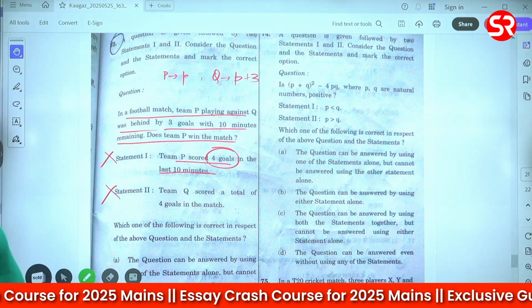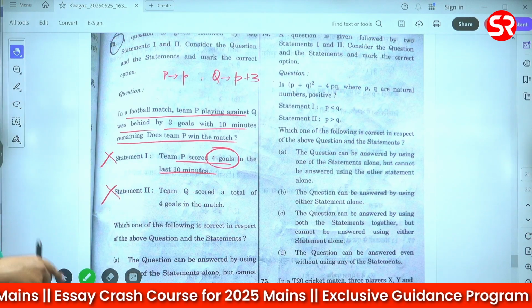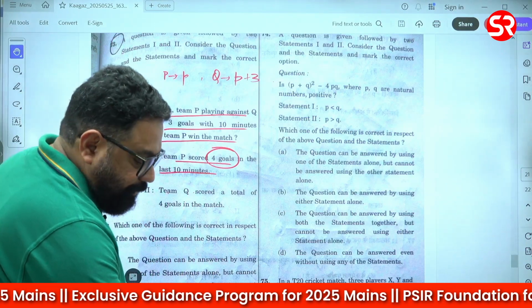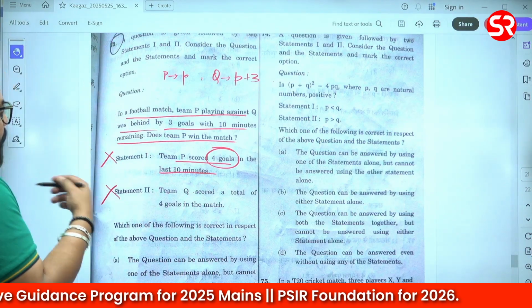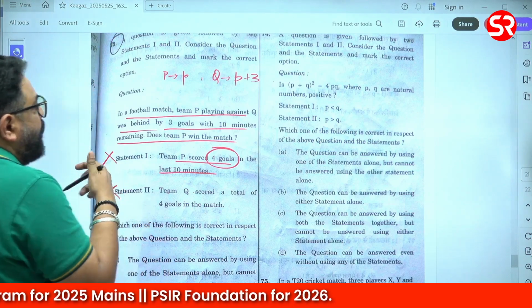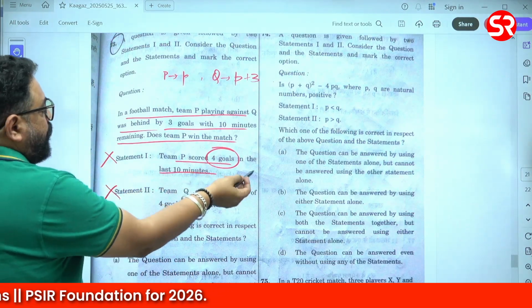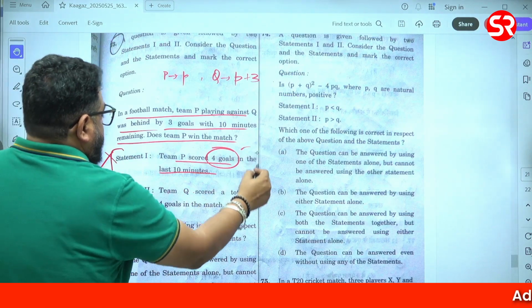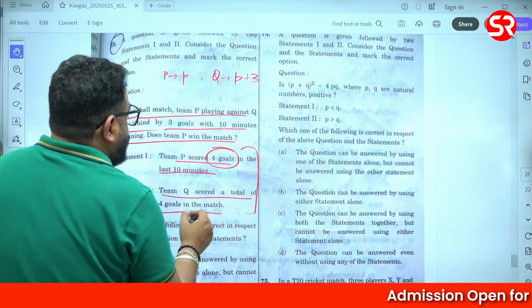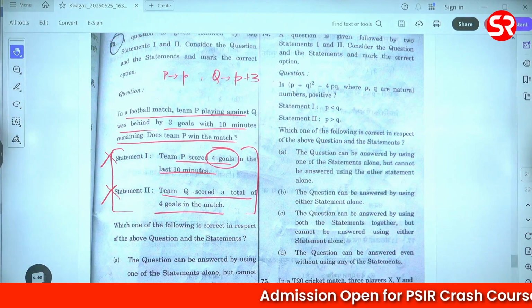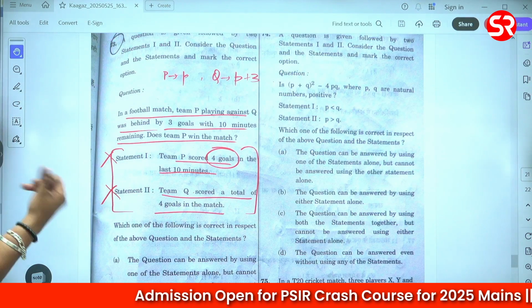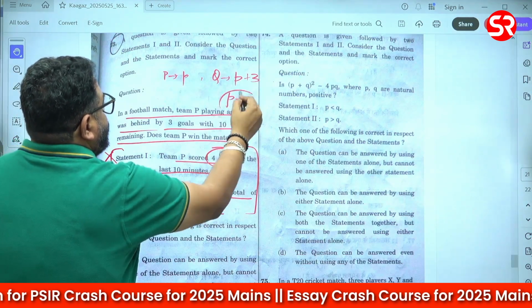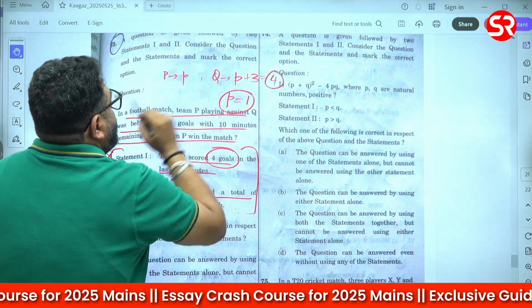Second statement is not the way we do our data sufficiency problems, right? Then if I mix them together, he says P scored 4 goals in the last 10 minutes, right? And Q has scored a total of 4 in the match. Total उसने 4 goals scored. So p is equal to 1. ये total 4 हो गए, isn't it?